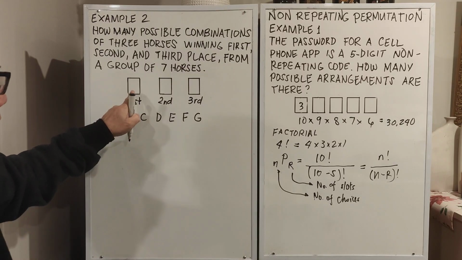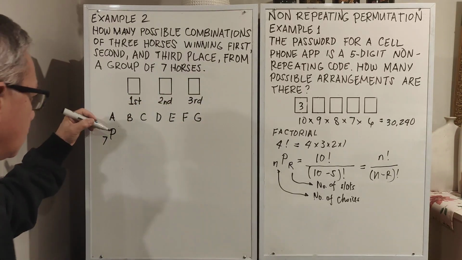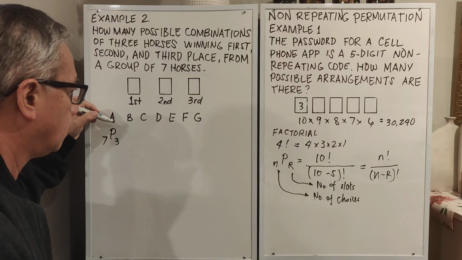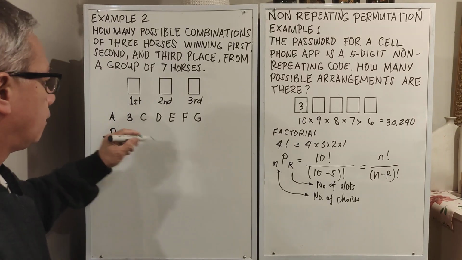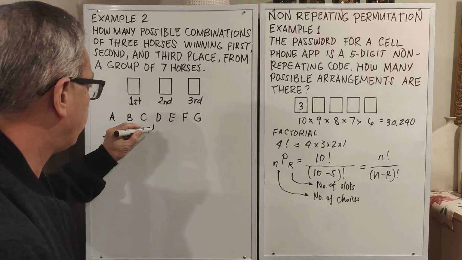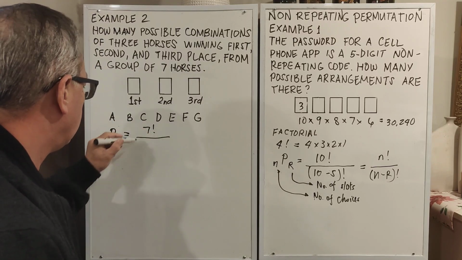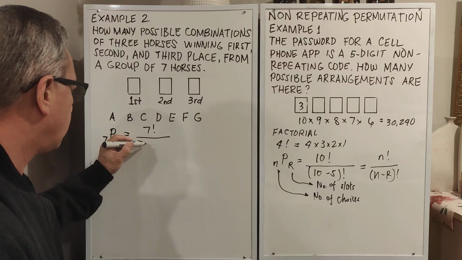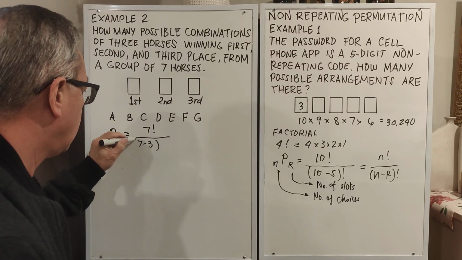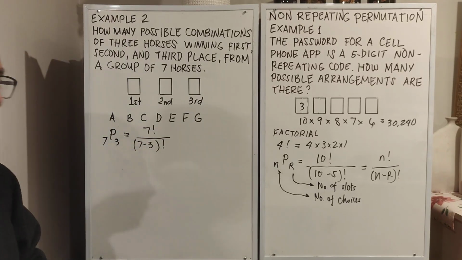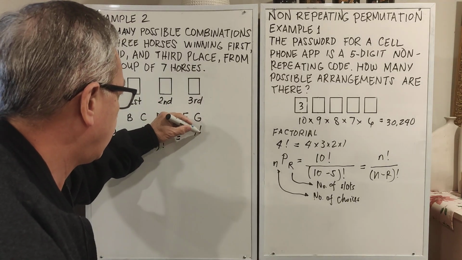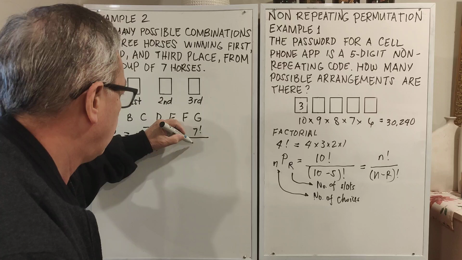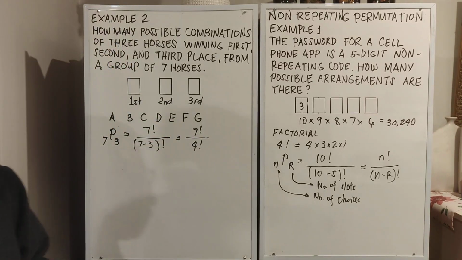Now the number of slots, we have 3 slots. So we apply the formula. That will become 7 factorial over 7 minus 3 factorial. We now have 7 factorial over 4 factorial.